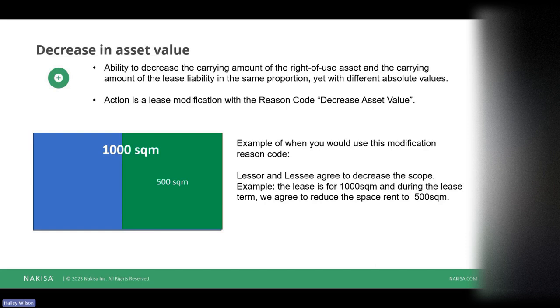An example of when you'd want to use this would be if you, the lessee, and your lessor decide that you're going to decrease the amount of space you're renting. The example on the screen is you're leasing a 1,000 square meter office space, and during the course of your lease, you and your lessor come to the agreement to reduce the space rented to 500 square meters.